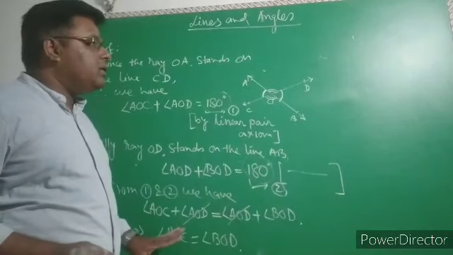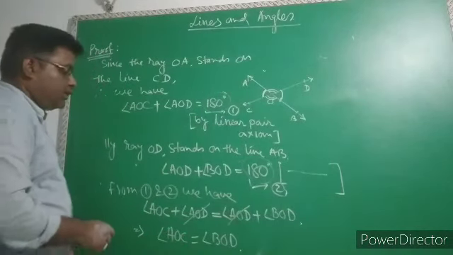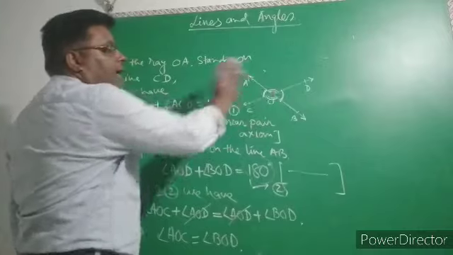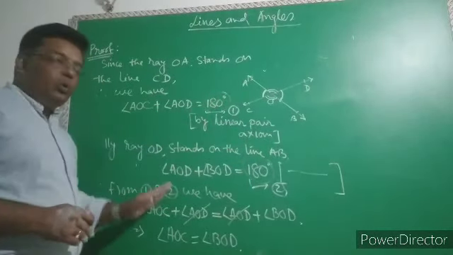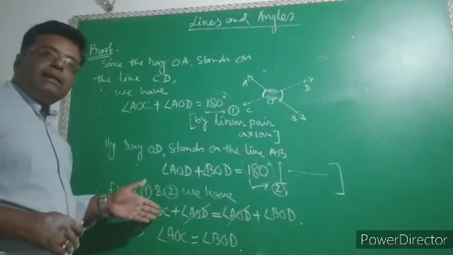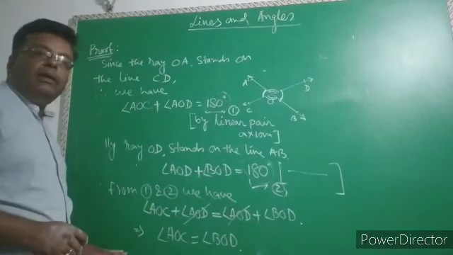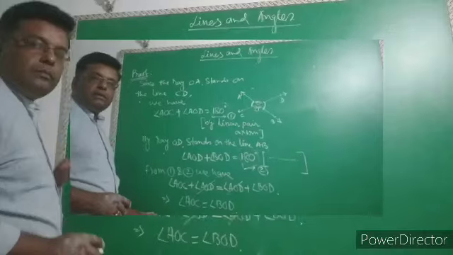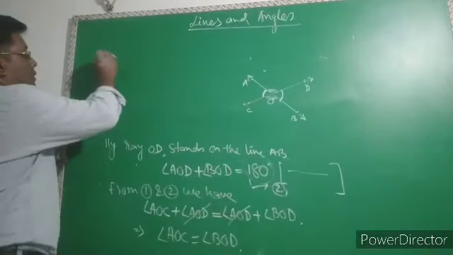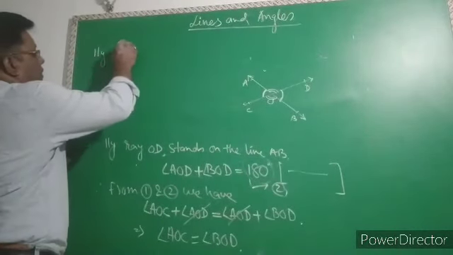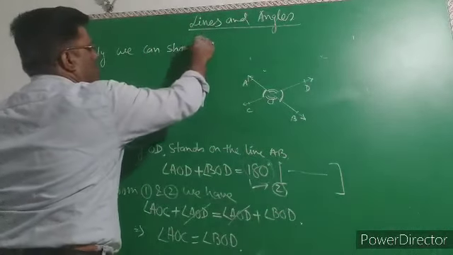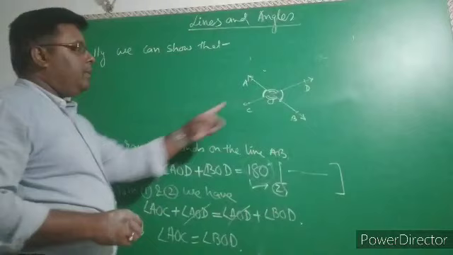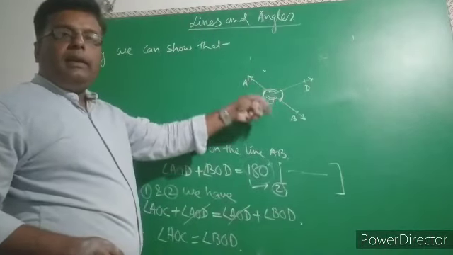Now similarly you can show that the other pair is also the same. For the other pair, there is no need to proceed like this. Similarly we can show that if one pair of vertically opposite angles are equal, then the other pair is also equal.